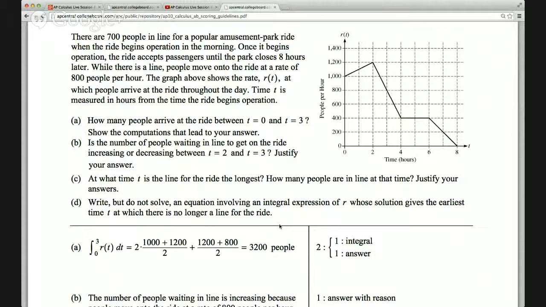Okay, so that would happen when the number of people who've gotten in line equals the number of people who've gotten pushed off the line. If we think of t as the time in hours, 800 times t is always going to give us the number of people who have gotten out of line because they've been put on the ride.